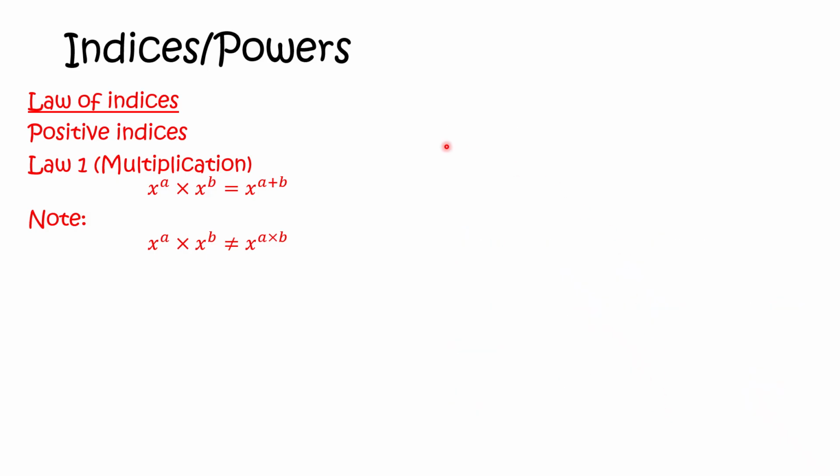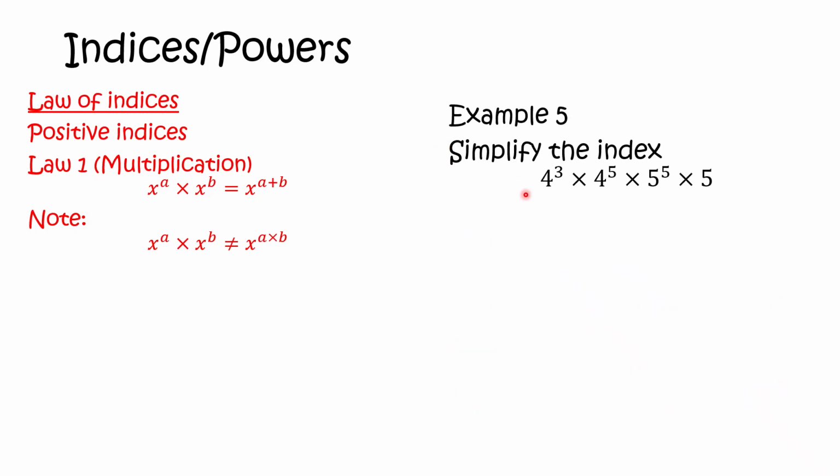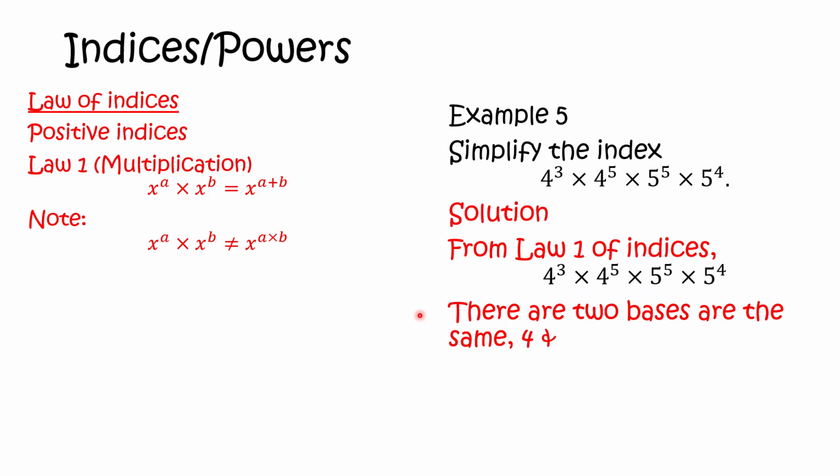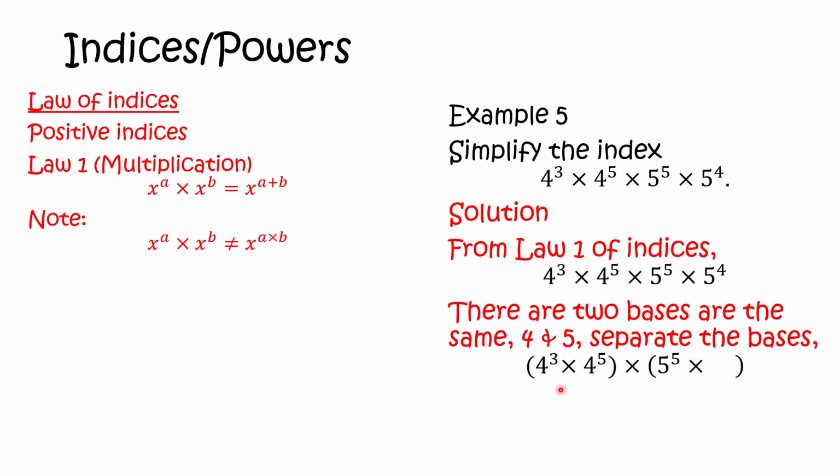Let's look at example 5. Simplify the index. This time around, what we recognize is we have numbers that have got different bases. So how do we go about this scenario? From law number 1, we can actually express these numbers as common bases, separating the bases according to like terms.